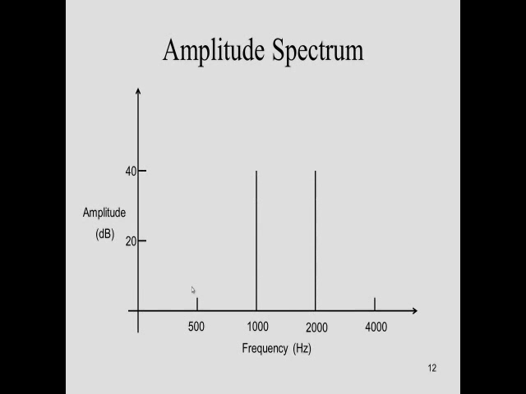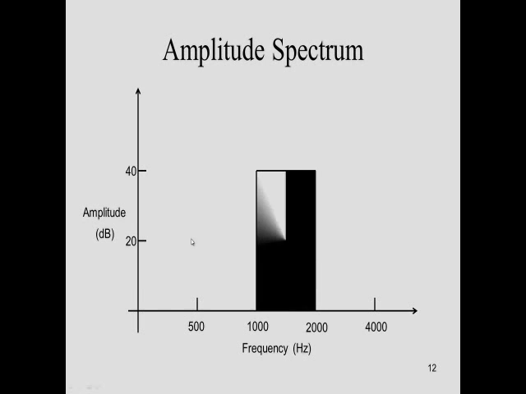Now, what if we have a more well-defined band of noise, one that perhaps occupies the space between 1,000 hertz and 2,000 hertz? So here we've got the two cutoff frequencies for that. We've still got our 40 decibel amplitude or spectrum level, and now the area filled in is just in this narrow region.